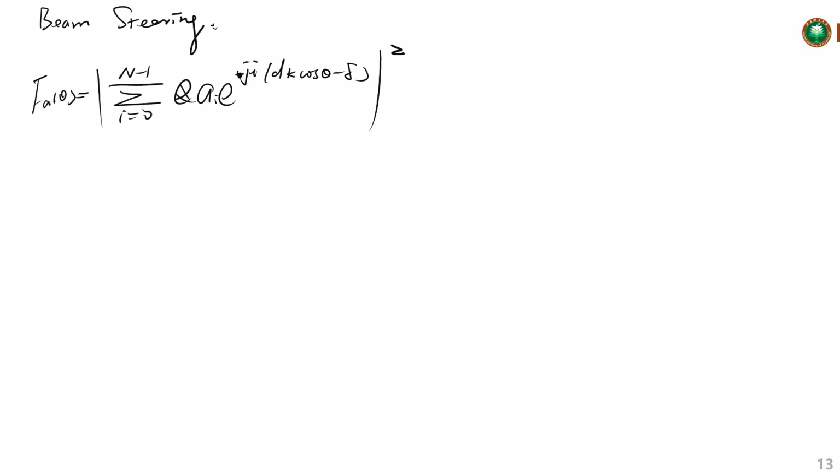We will get the new expression for the array factor here. The only difference from the previous one is that we have a term delta, the incremental phase delay. We also had an assumption previously that gamma equals k times d times cosine theta for the simplification of expressions.